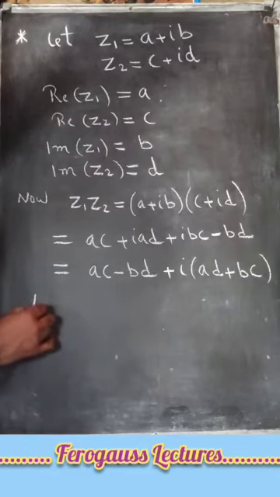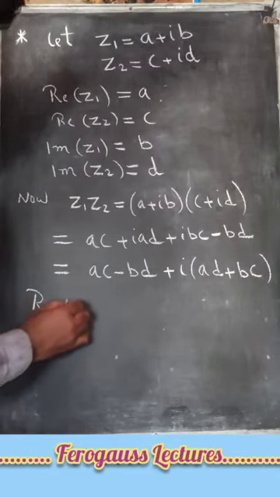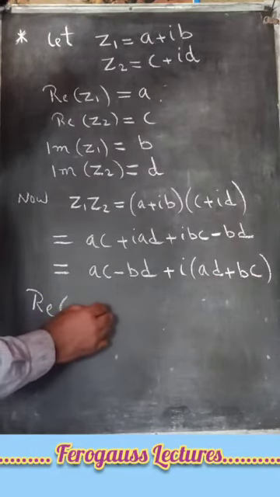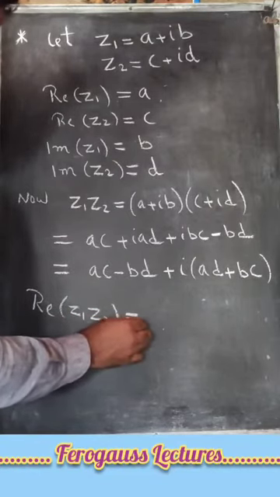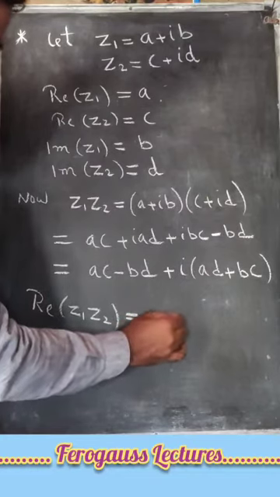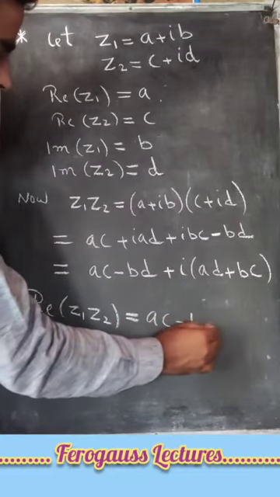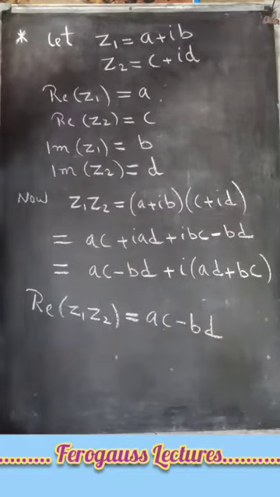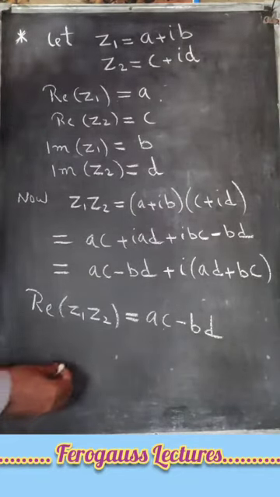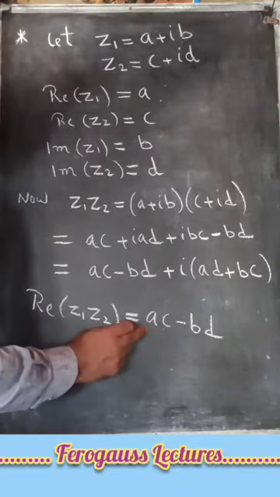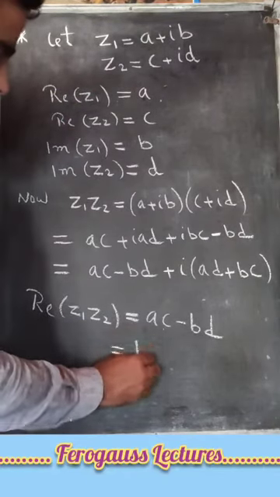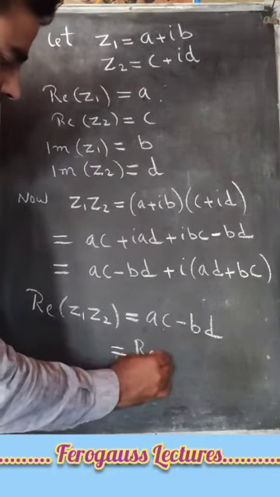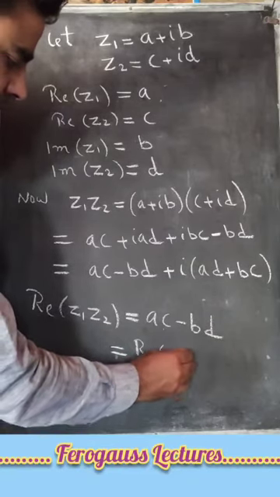So here we can write the real part of Z1 into Z2 is equal to AC minus BD. Okay? Or we can write it as A. A is the real part of Z1, so instead of A we can write the real part of Z1.